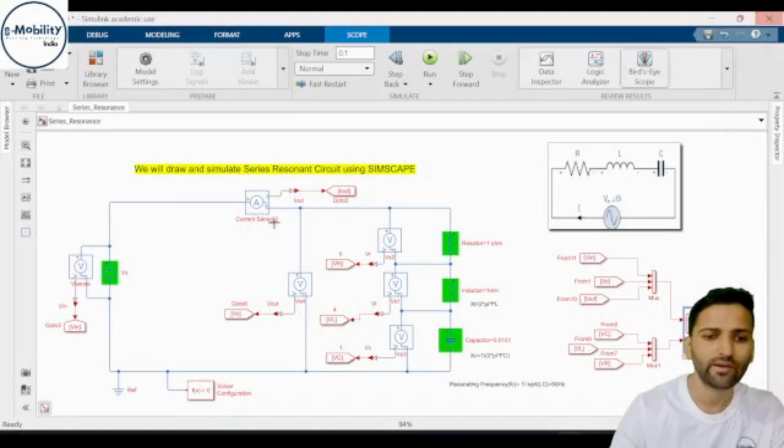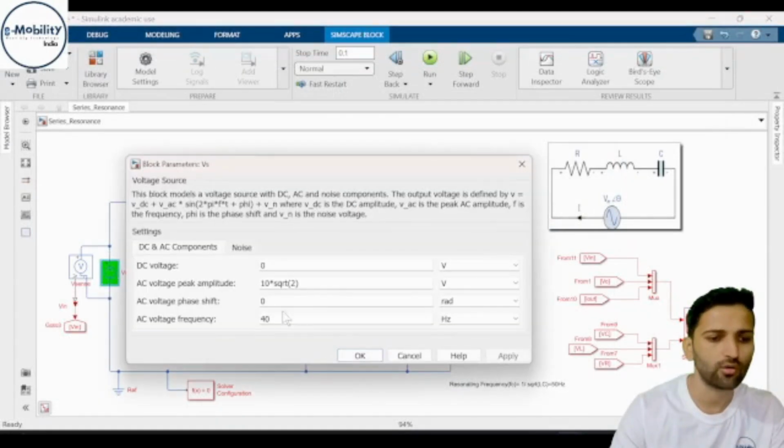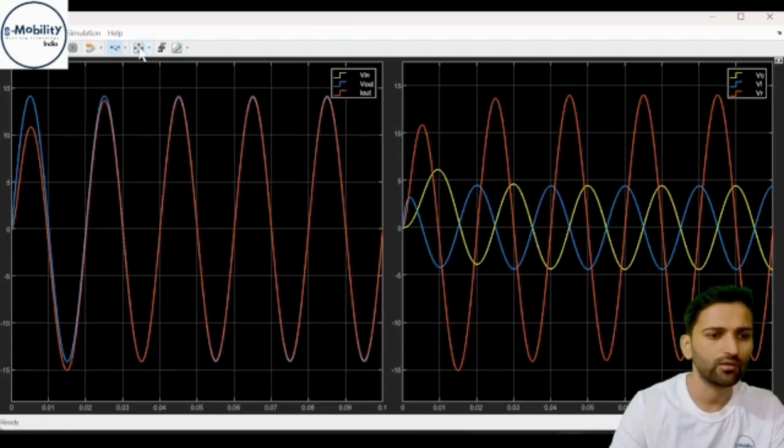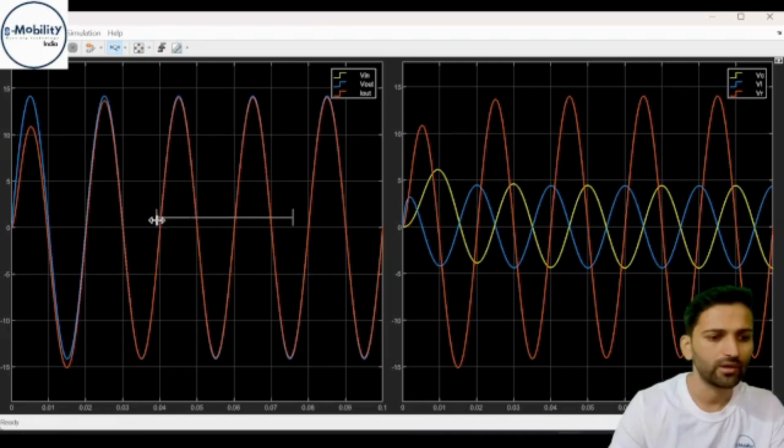So at resonance, what happens? These two things cancel out each other, and the circuit behaves as a purely resistive circuit. At this point, the voltage across VL should be equal to VC, and they should be cancelling out each other. Here we'll be ignoring the transient.